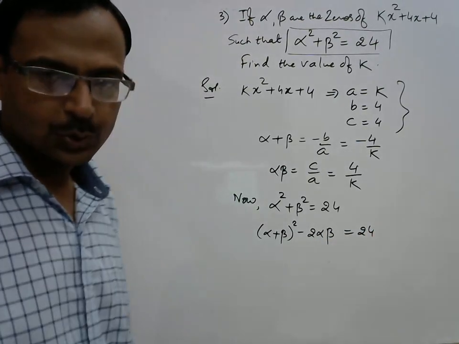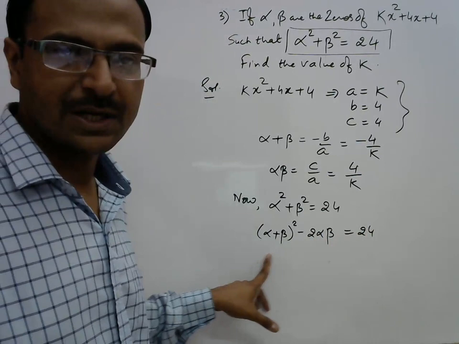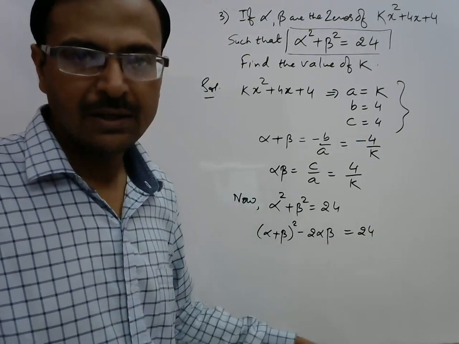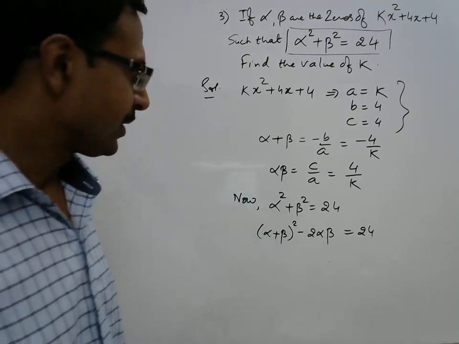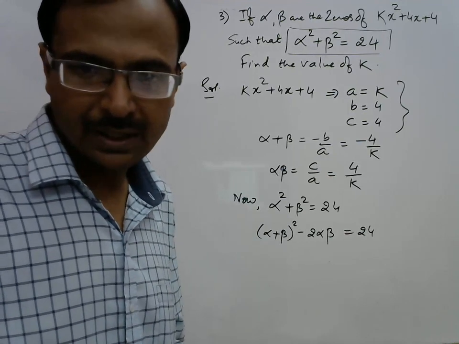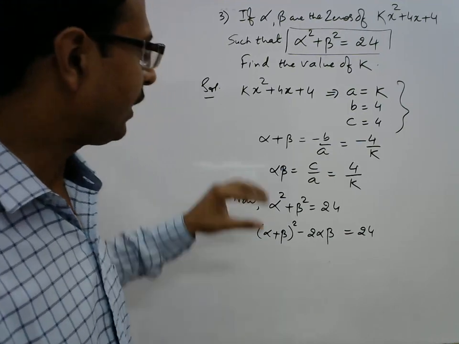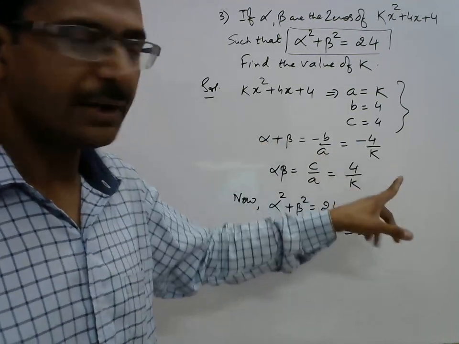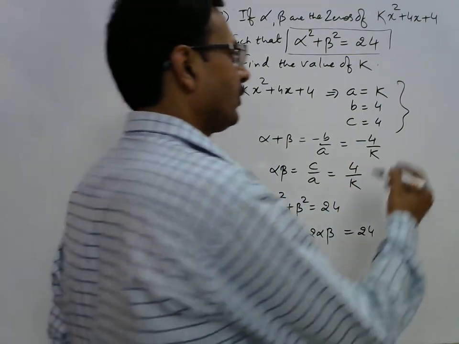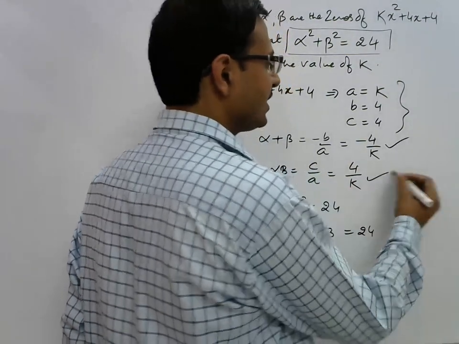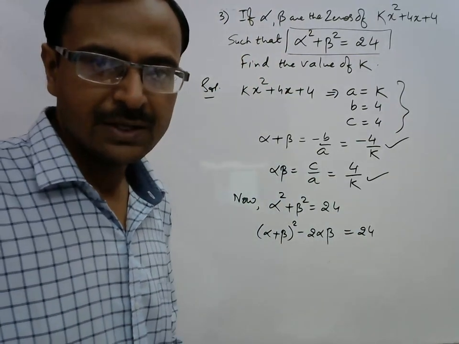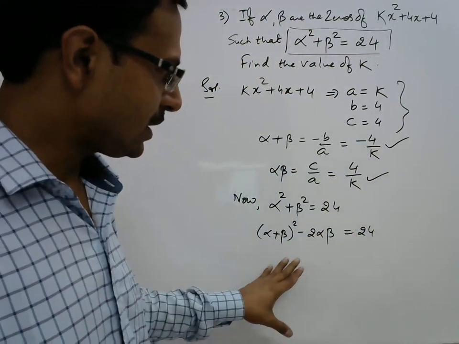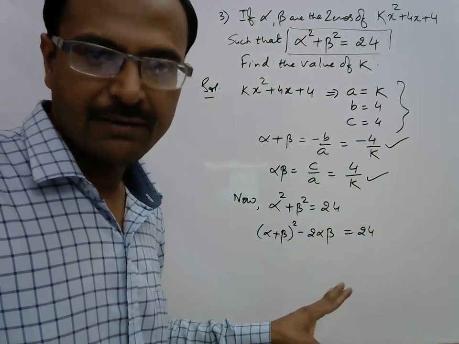And now I want you to put the values of alpha plus beta and alpha beta here and tell me the value of k. So audience, kindly substitute the values of alpha plus beta and alpha beta. I have written the values here. I'll just mark it for you. This is the value of alpha plus beta and this is the value of alpha beta. Just substitute these two values in this expression and find the value of k.